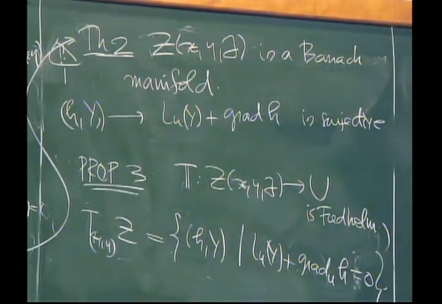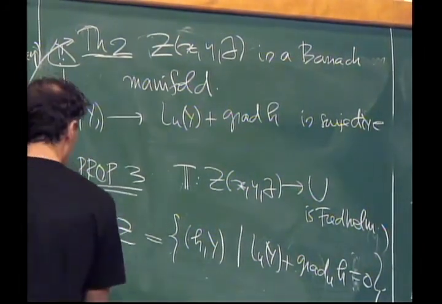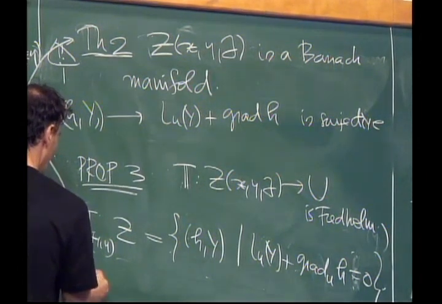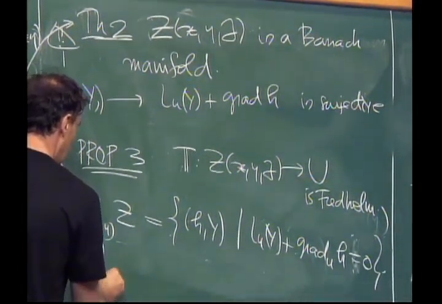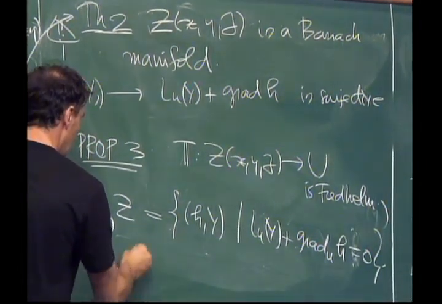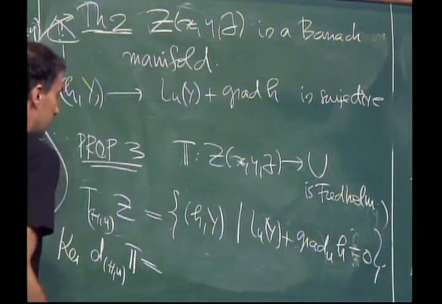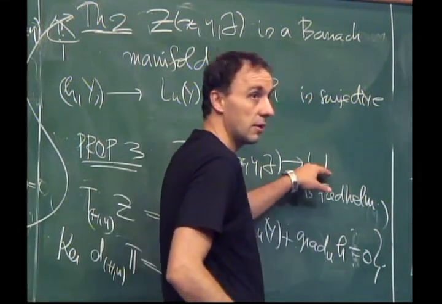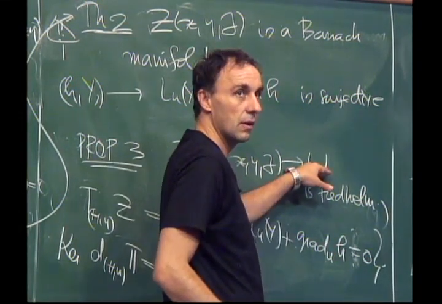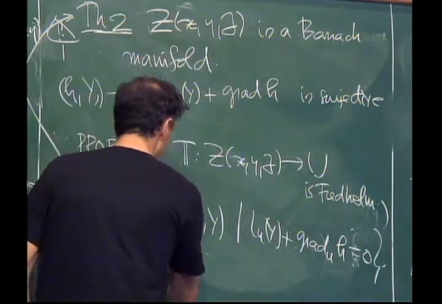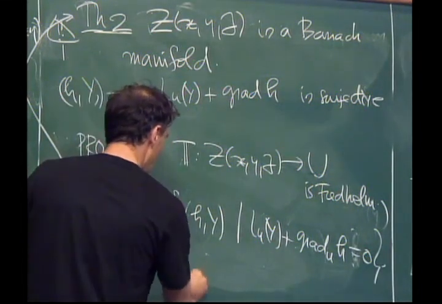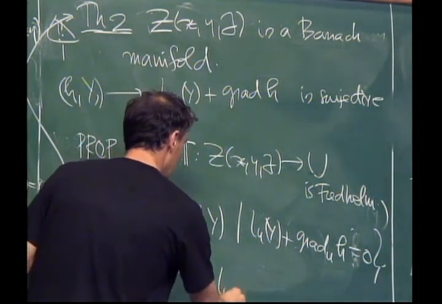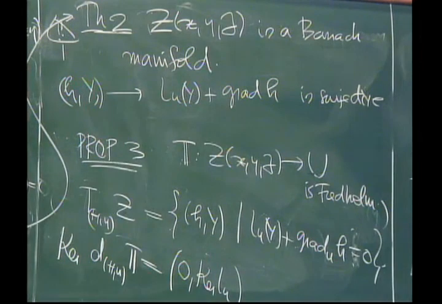So if you take just the kernel of d pi, here you have the projection, so h is 0, so this kernel is exactly 0 and the kernel of L_u. So of course it's finite dimensional.